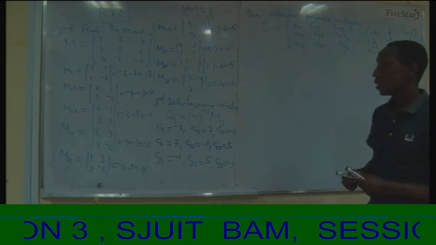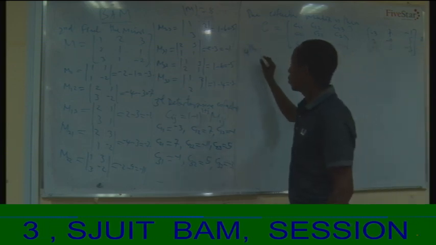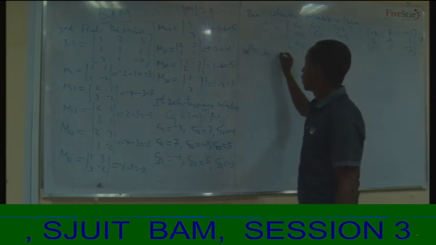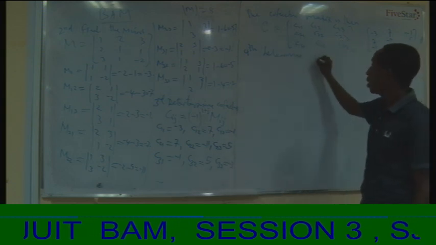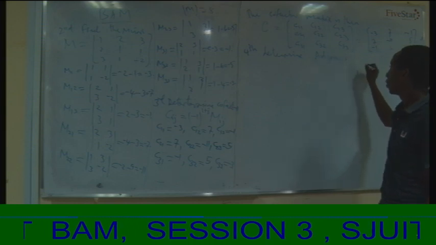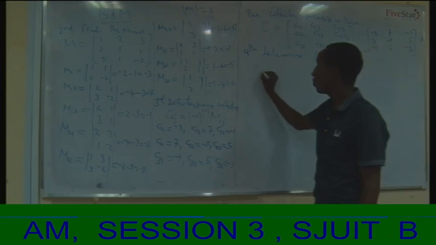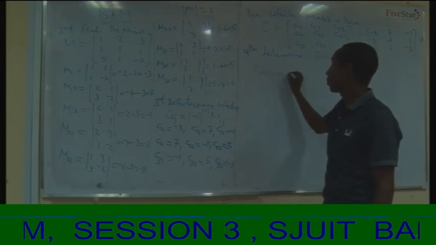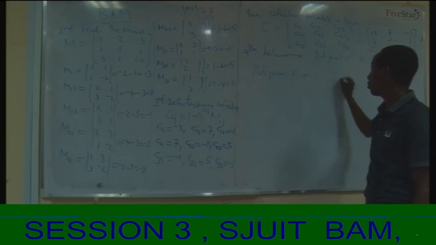After getting the cofactor matrix, the fourth step is to determine the adjoint of M. The adjoint of M is nothing but the cofactor matrix transposed.